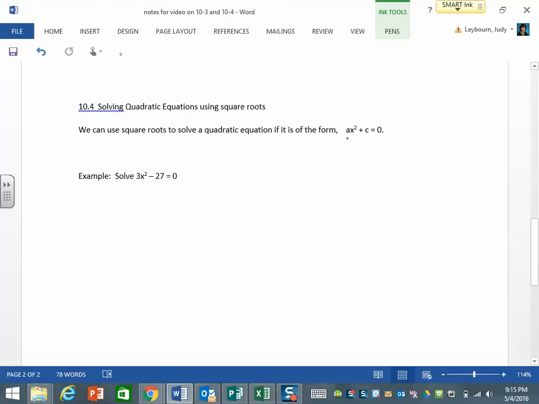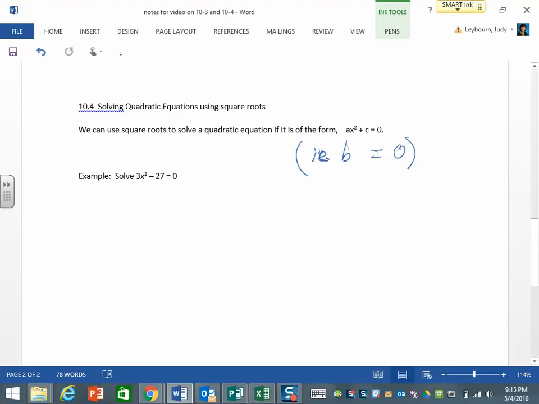So you notice right away that there's no bx term, which means that b is going to be equal to 0. So if we have that kind of situation, then we might be able to solve it using square roots.